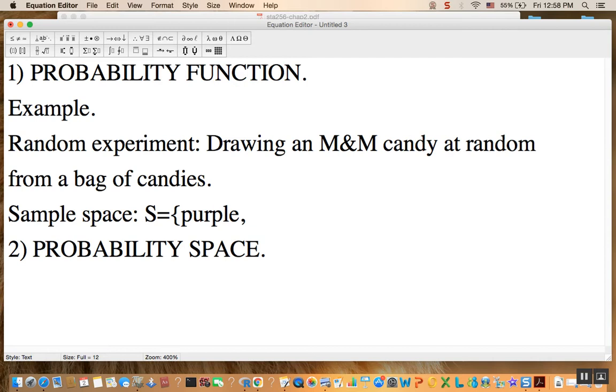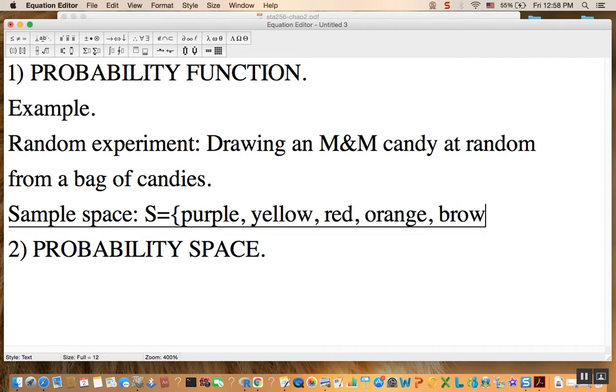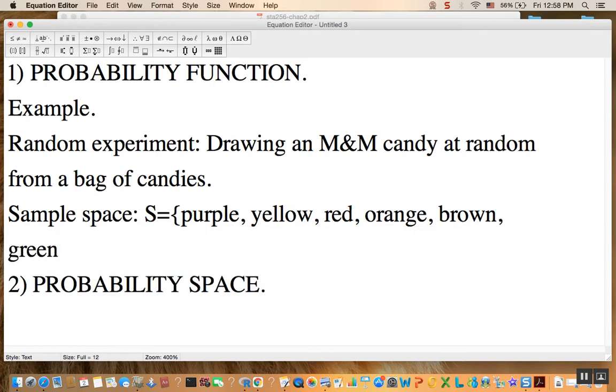One of them is purple, the other one is yellow, red, orange, brown, green, and blue.